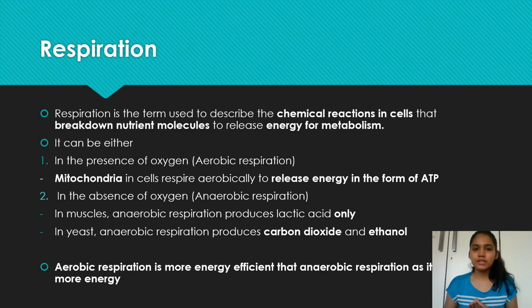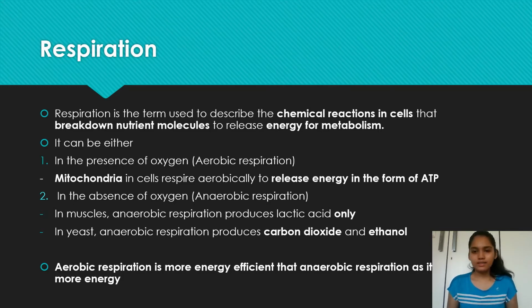Now the second type is anaerobic respiration. Anaerobic respiration, it gives itself away. It is respiration in the absence of oxygen. So this may not make complete sense to you, but basically when there is insufficient oxygen, cells tend to respire without it because the process has to go on.